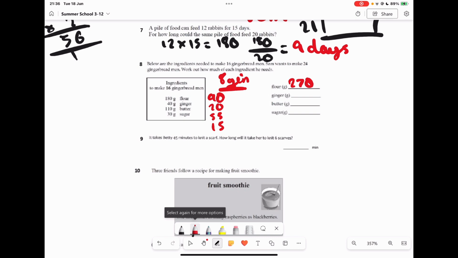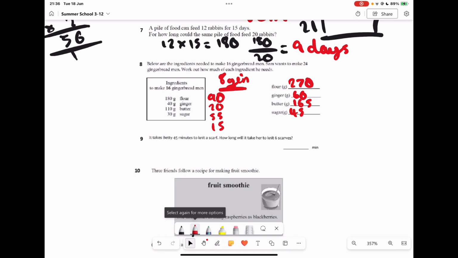For ginger, it will be 60. For butter, it will be 165. And for sugar, it will be 45.